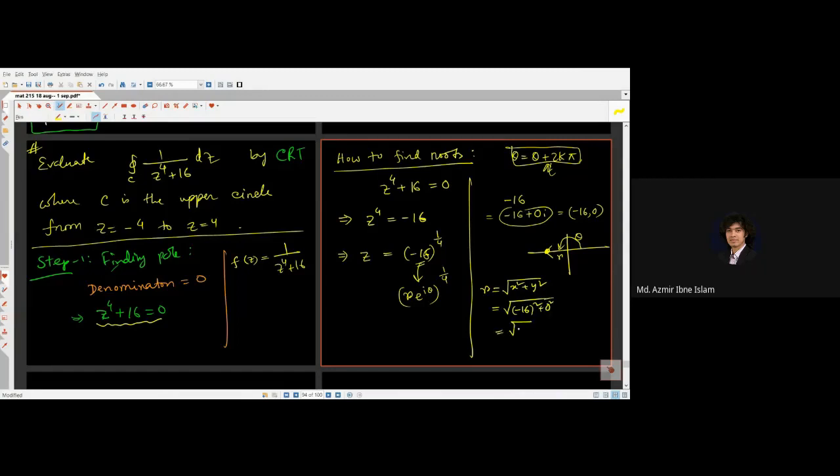We get 16 squared, since a negative squared is positive. So actually we have 16. And θ equals arctan of y over x. Here y is 0 and x is negative 16, so we get arctan 0, which is 0. Is that okay?